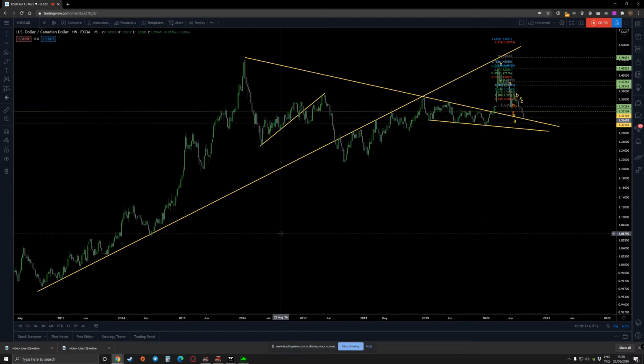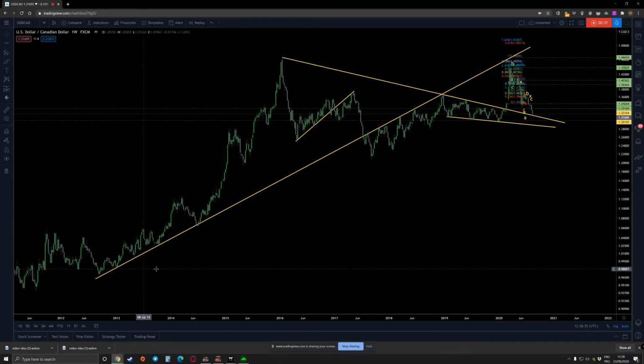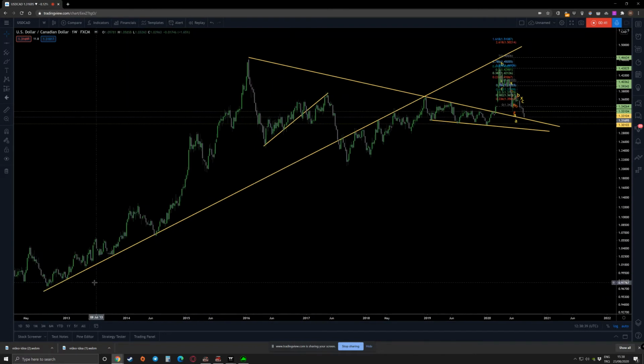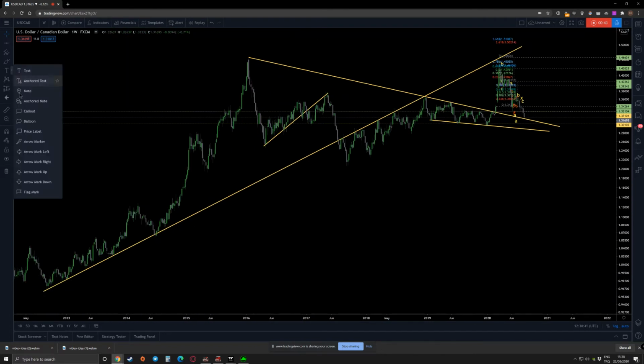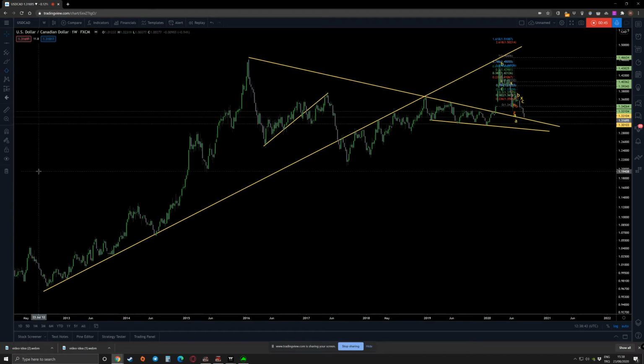Now, by far, for US dollar, Canadian dollar, the most important trend line is coming from the weekly chart. Check this out. Look, we have support, support, support, support, support. The support here got broken into resistance.